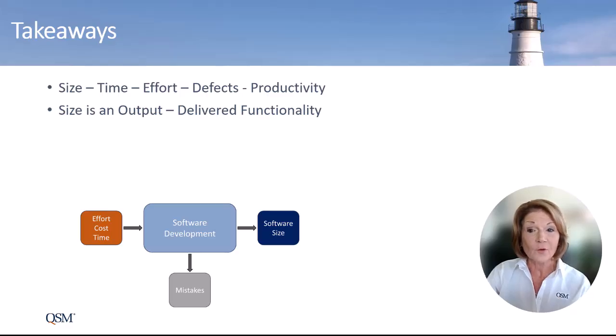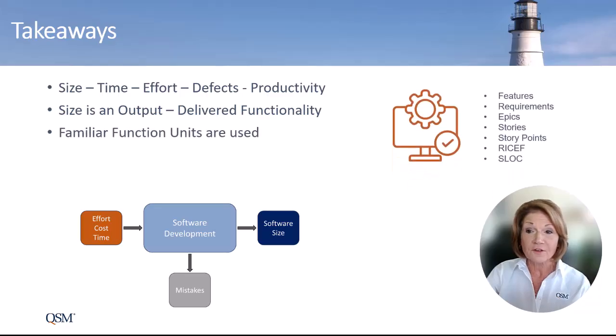It's a proxy for the work to be done, which is needed for software estimation, tracking and forecasting, and performance benchmarking. Familiar function units are used for different technologies and development methods. You are likely using some of these now. And converting to a base size unit allows comparisons across a variety of industries and application types, important for validating software project estimates and performance benchmarking.